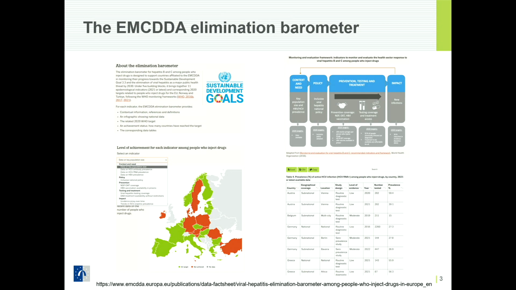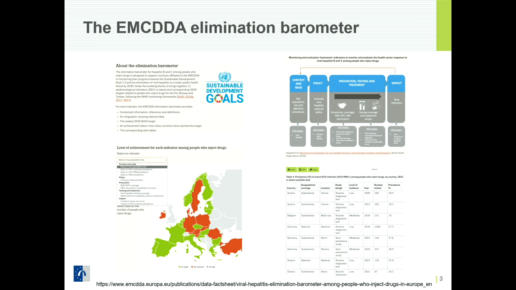So we have what we call, for viral hepatitis, for example, that's one example of our products, the elimination barometer. We updated it last week, so if you Google EMCDDA elimination barometer, you will have access to that data.